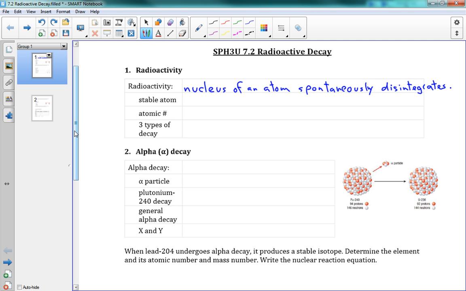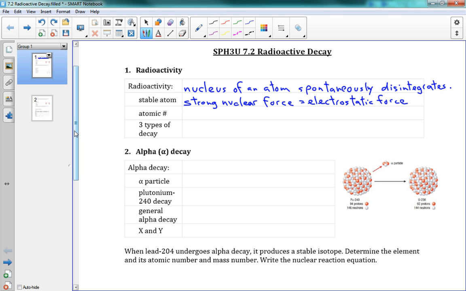What makes an atom stable is when the strong nuclear force, which is the force that binds all the neutrons and protons together in the nucleus, holds them all together. That's one of our four fundamental forces. The strong nuclear force, when that equals our electrostatic force, the force that the protons are pushing away at each other with.